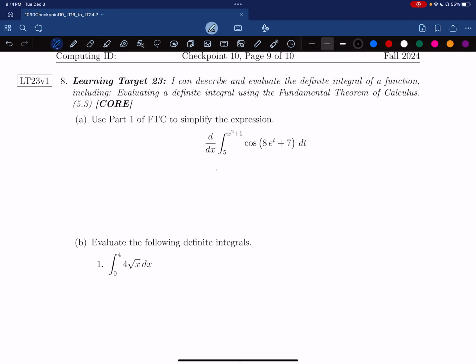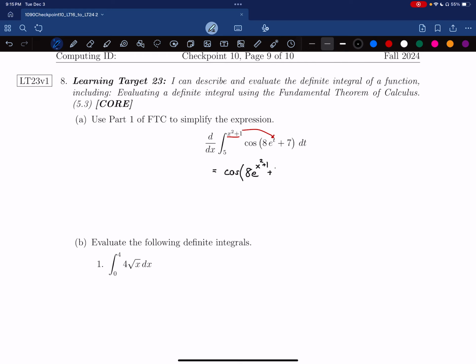So I'm actually not going to be taking the integral or the antiderivative of that function because the derivative and the integral cancel out. But what we have to do is replace that t with x squared plus 1. This pretty much goes into there.